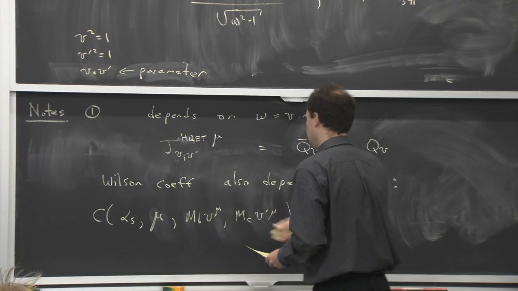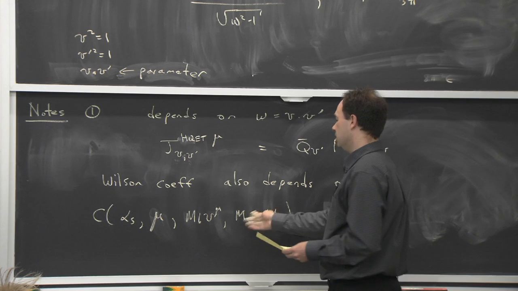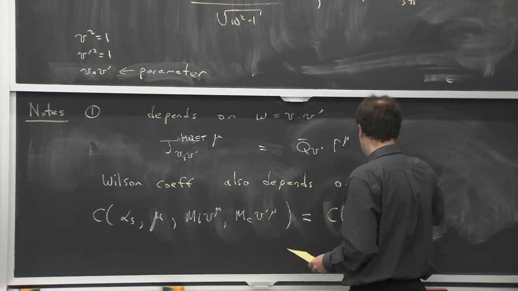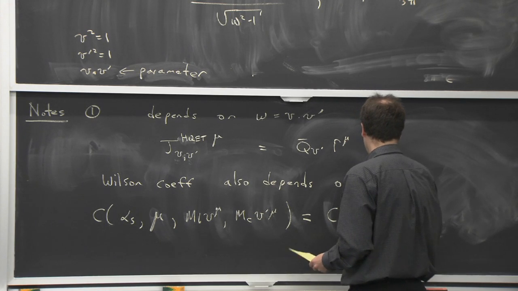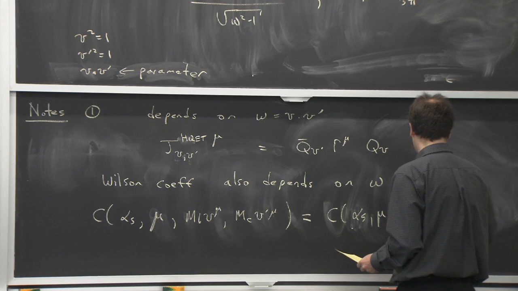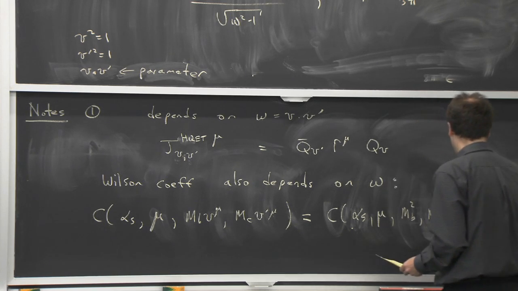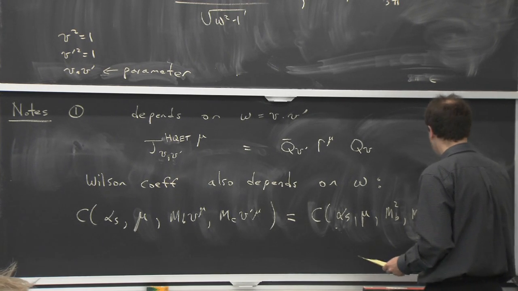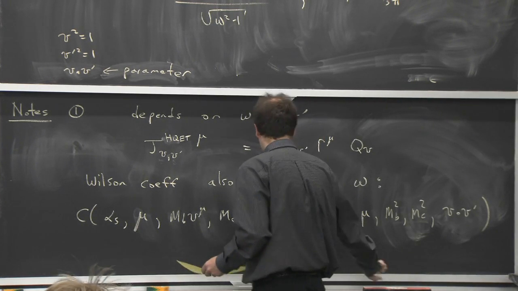But since we know that this thing is a scalar, we can just square these, dot them into each other. So it's really a function of mu, of alpha s, of m_b squared from squaring the m_b term, m_charm squared, and then this w factor. Those are the scalar quantities it can depend on.